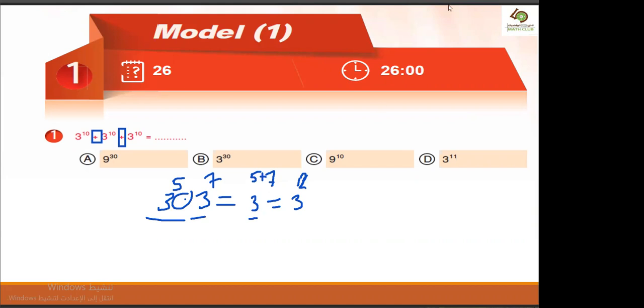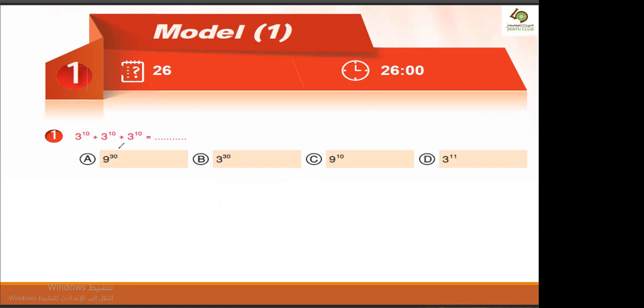Okay, now I have addition. What will I do? You take a common factor here. What is a common factor?